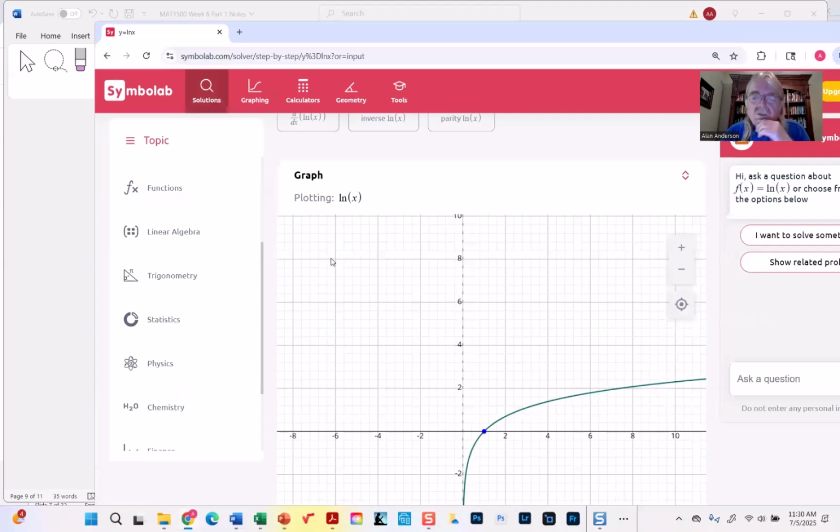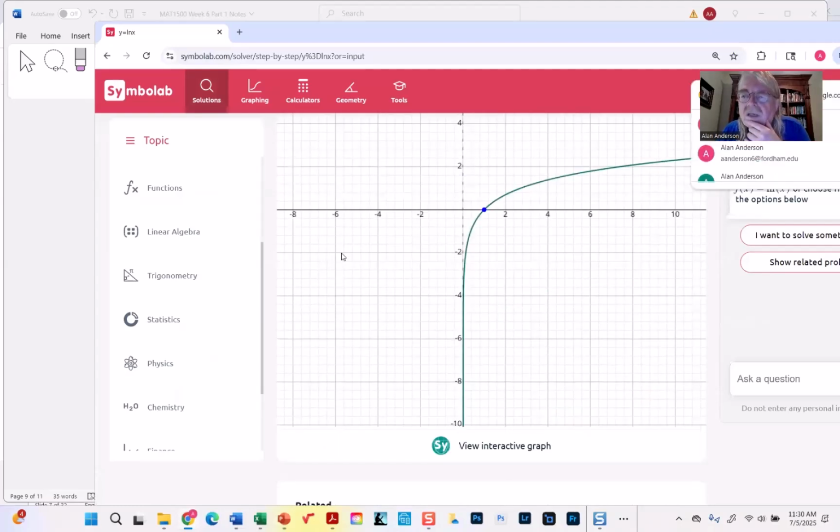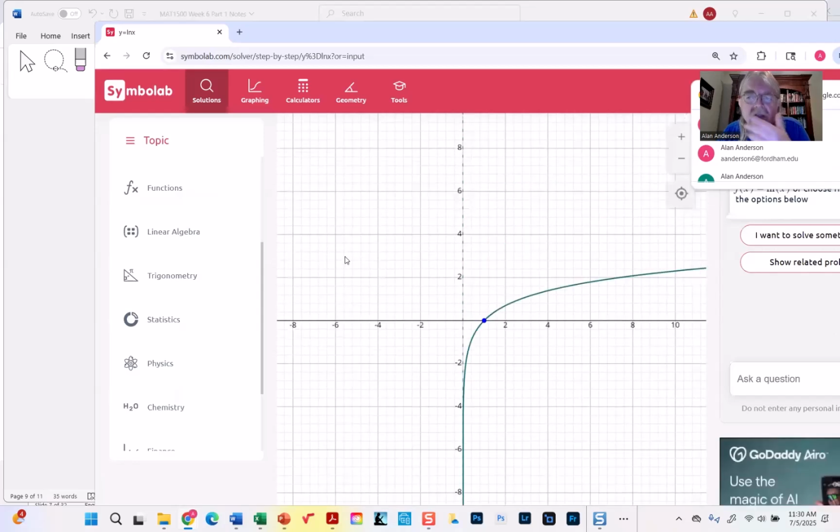So it has a vertical asymptote at x equals 0. And we notice, as I just showed you, if you try to take the log of zero, you'll just get an error message. That's because zero is not part of the domain. And you can see the function would be undefined at zero. And therefore, the vertical axis is an asymptote.